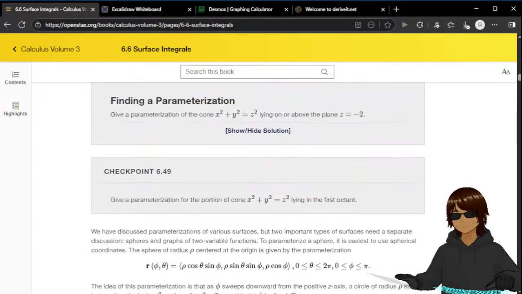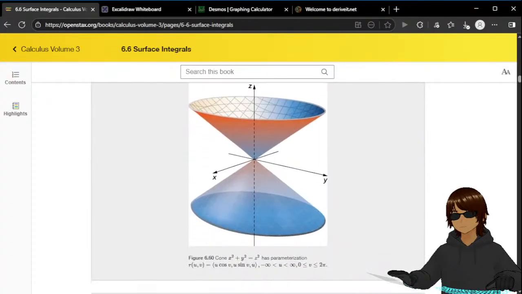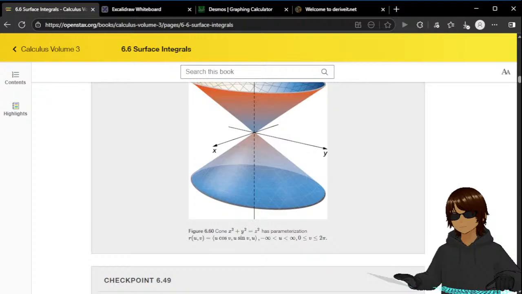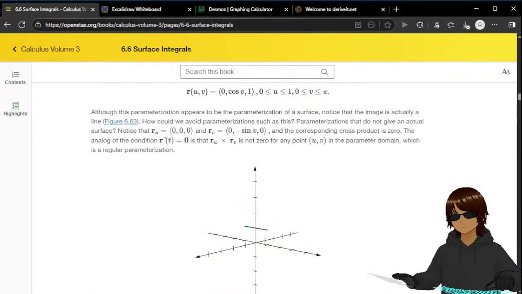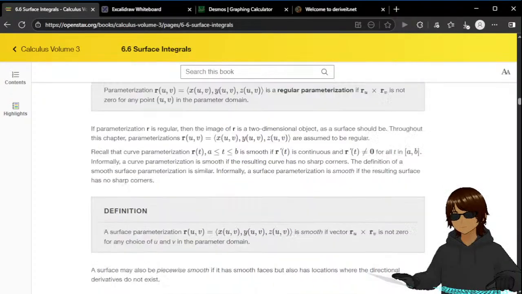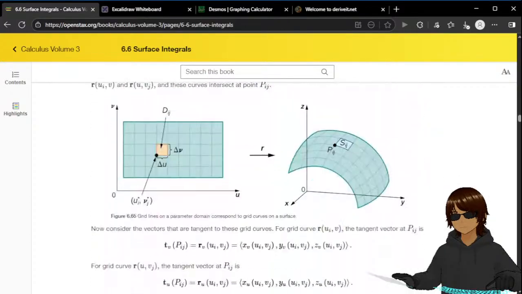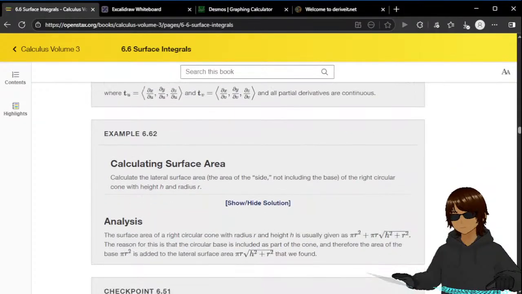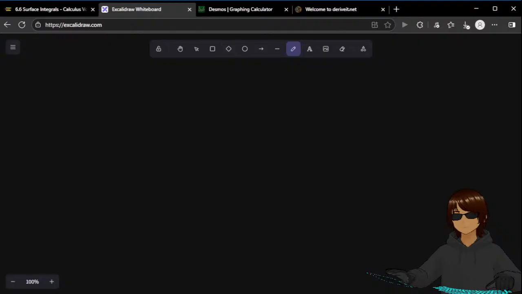The parabola. U cos V, U sin V, U. So example 6.62.